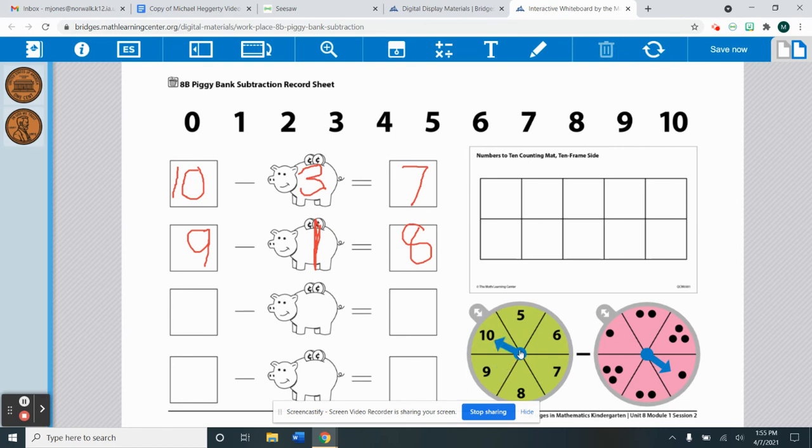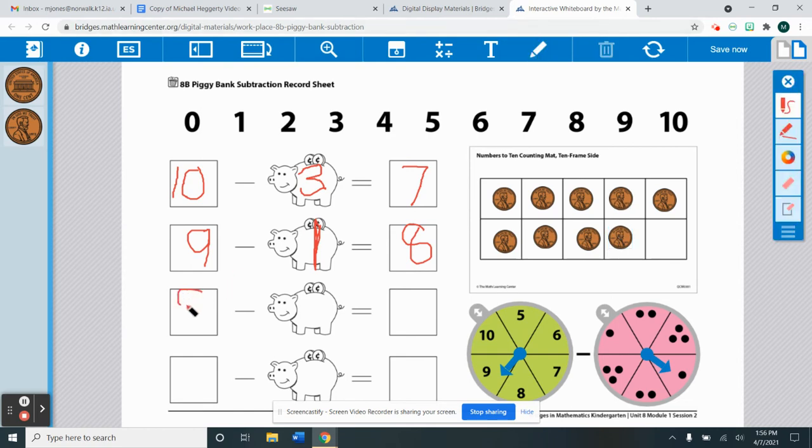And I will spin again. And I have 9 again, so I'm going to put 9 pennies in my chart. And then I will write that I started with 9 pennies. And now I need to spin my dot spinner.